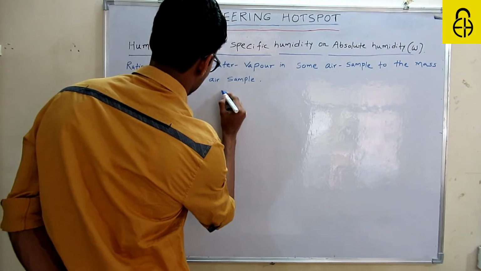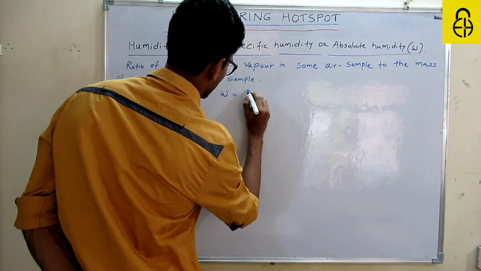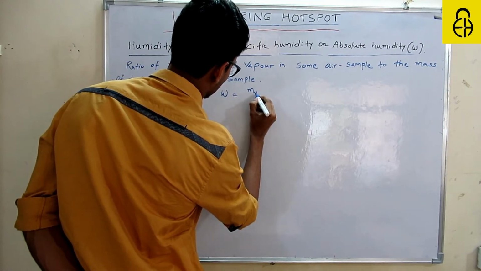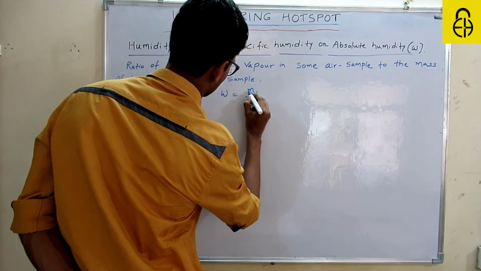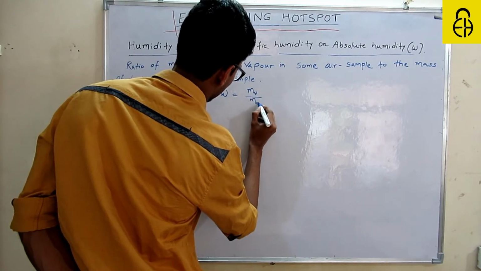So we can write omega as mass of vapor to mass of air.